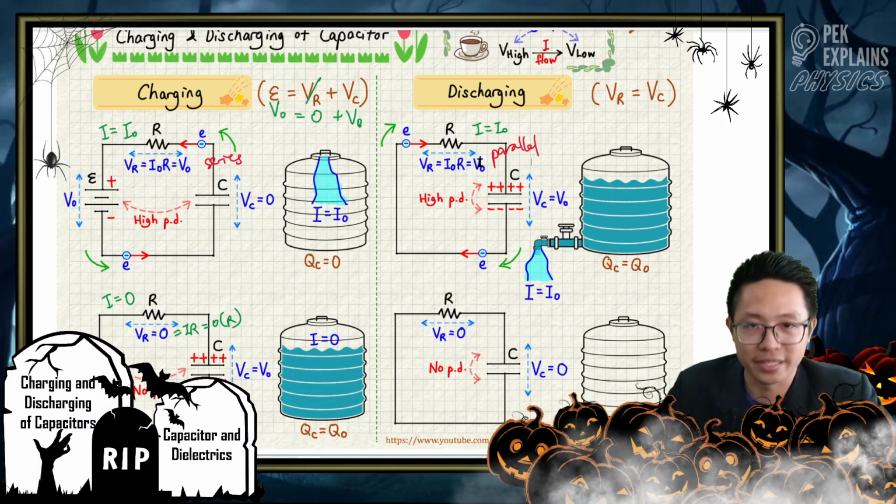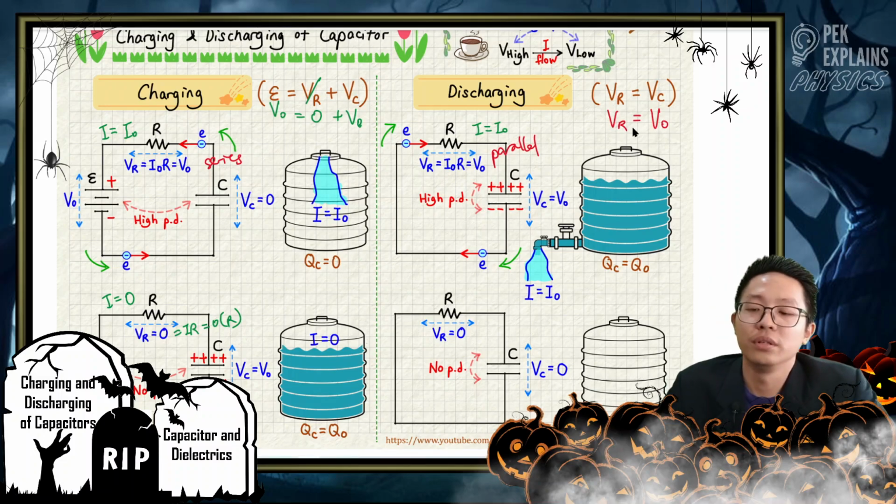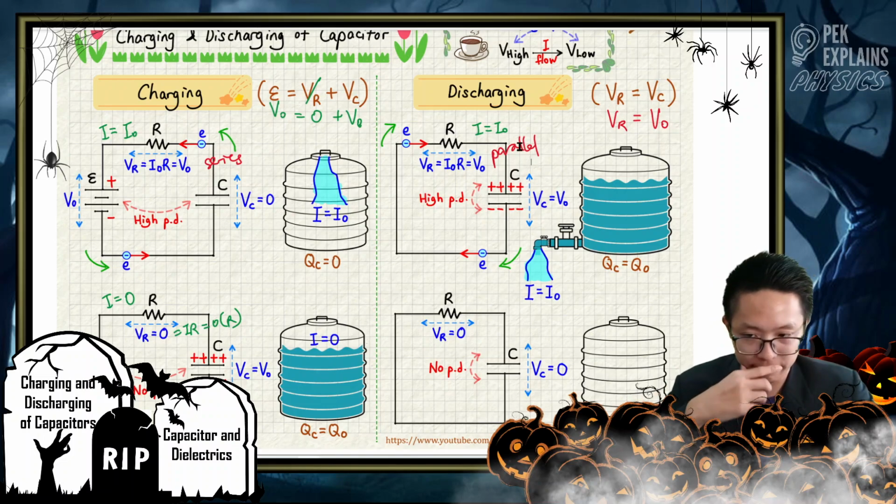So the voltage of the resistor is equal to the voltage across the capacitor. Because the capacitor is fully charged, it has the maximum voltage. Since the capacitor has the maximum voltage, VR also has the maximum voltage because they are in parallel.